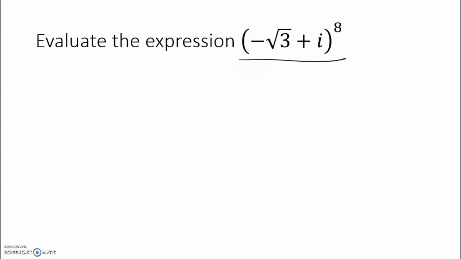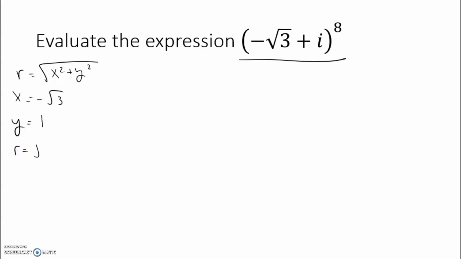The first thing that we need to do is to put that complex number into polar form. So we need to find what r is. r is the square root of x squared plus y squared. Our x is negative square root of 3, and our y is just 1.